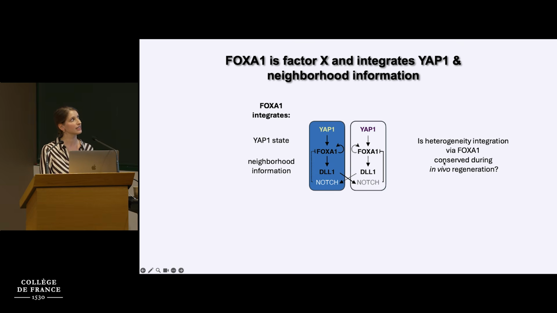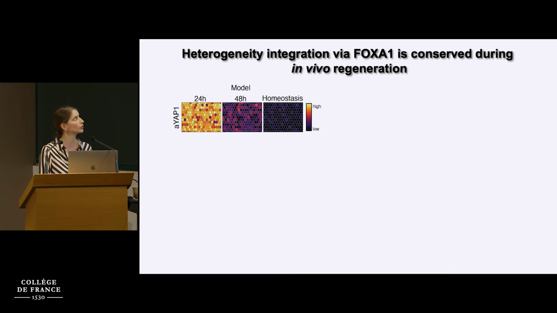So we asked, is this heterogeneity integration through FOXA1 also conserved during in vivo regeneration? And also here, we'll first show you what the model actually predicted or suggested for us to look for, where here is a 2D lattice now, and as also beautifully explained by Edouard before, we see that cells usually take this hexagonal shape, and so these are mimicking cells. We now input the information that we get from the organoids.